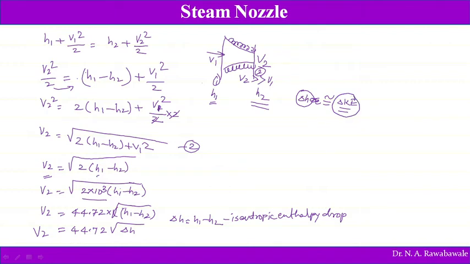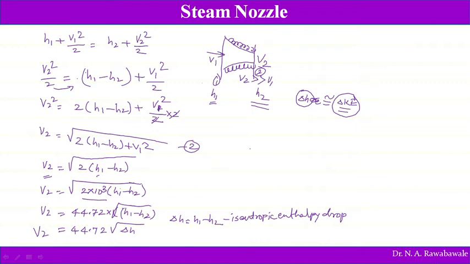Hence, the work done by steam upon itself is equal to the enthalpy drop. Steam is doing work on itself, and that work done by the steam on itself is nothing but the enthalpy drop.